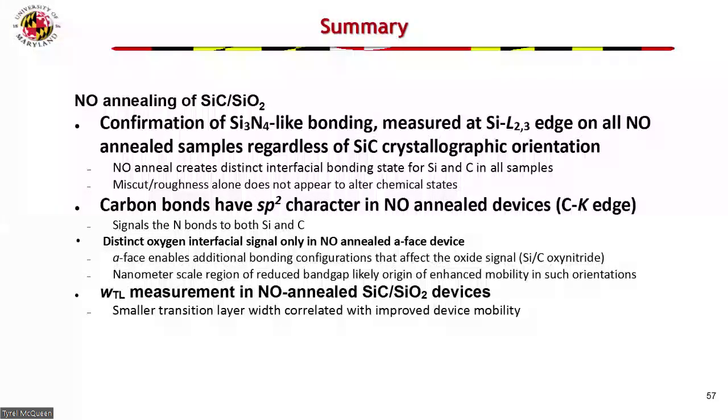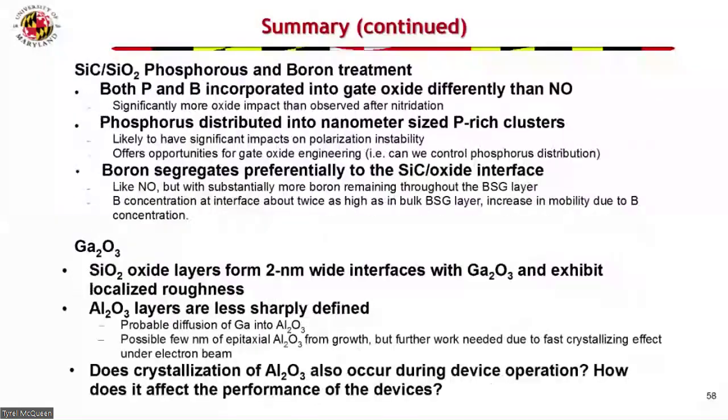And the thickness of the transition layer decreased with annealing time under nitric oxide and had a correlation with an increase in the mobility. For the phosphorus and boron samples, we see that they both incorporate in a different way than the nitric oxide incorporation.